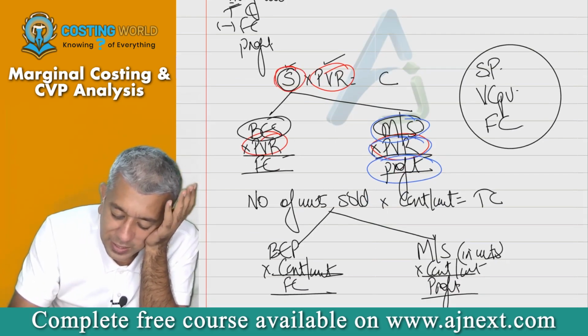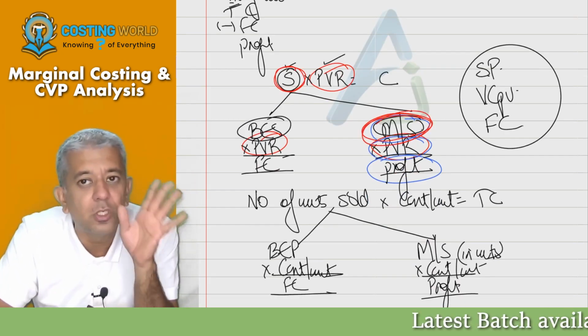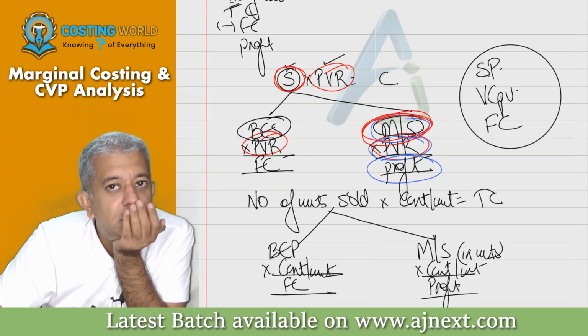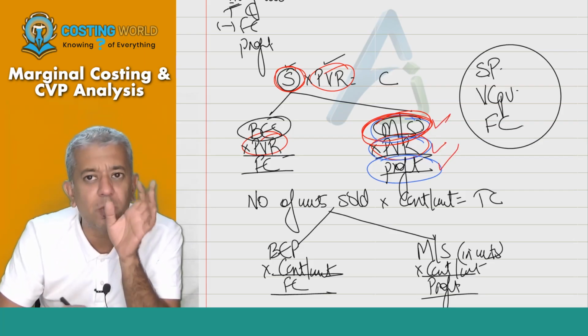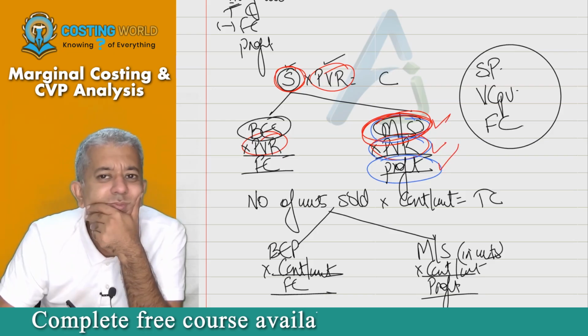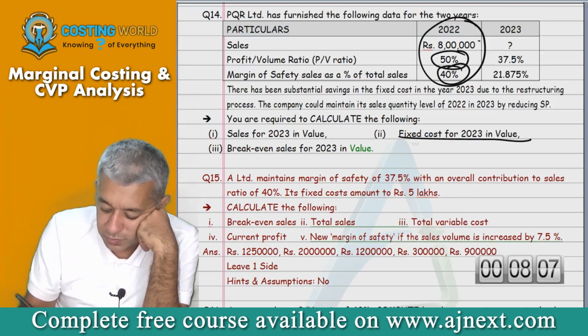You did sales into 40%. That gave you margin of safety. Now margin of safety, if I multiply by PV ratio, you will start getting your profits. So therefore, this is margin of safety.